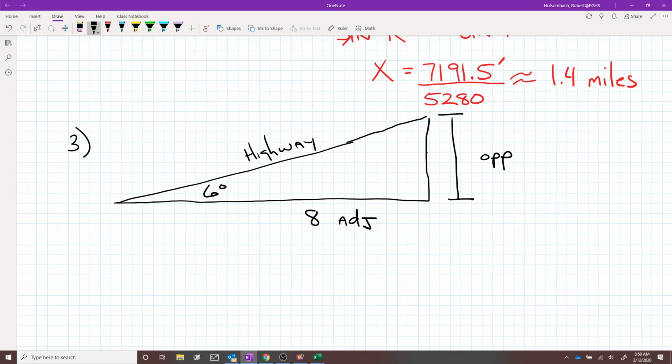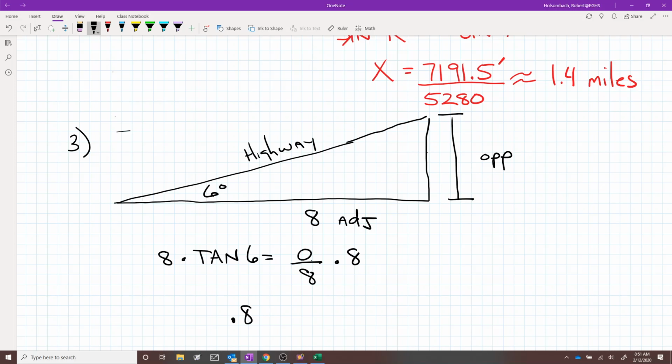Opposite and adjacent is tangent, so tan 6 equals the opposite side, which is what you're trying to find, over the adjacent side. So we're going to multiply both sides by 8, and 8 times tan 6 equals 0.8.